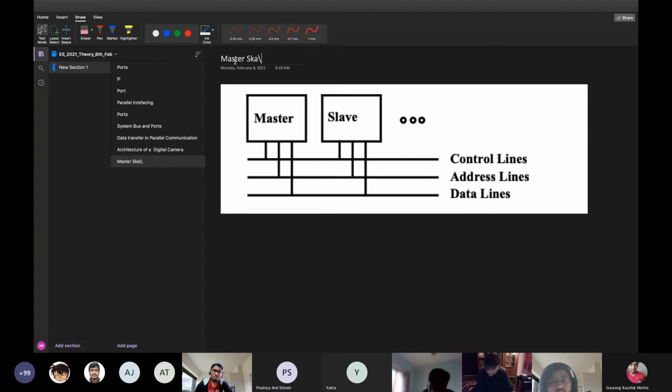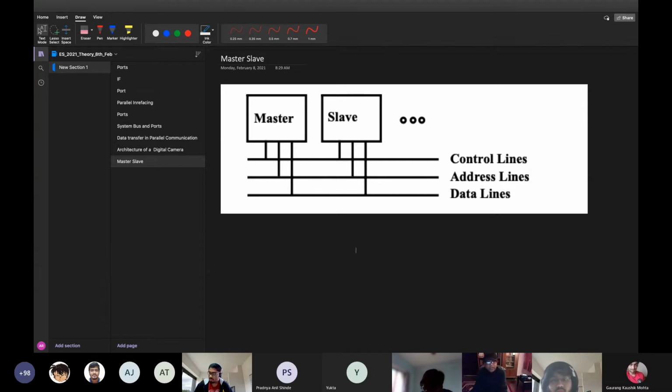In this mode of operation, there is one master and there are several slaves. The master has all the control. The data transfer is very simple. The CPU generates the address, it enables the control, then there is data transfer.